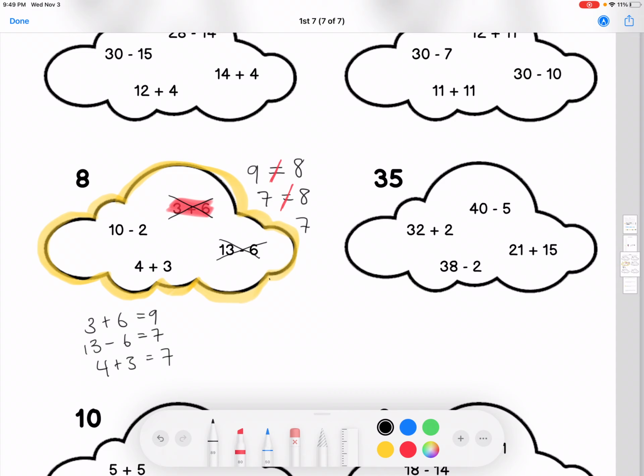And just like before, 7 does not equal 8. So 4 plus 3 is also incorrect. Now the last question that we have is 10 minus 2. And 10 minus 2 is 8. And 8 equals 8. So therefore the answer for this question will be 10 minus 2.